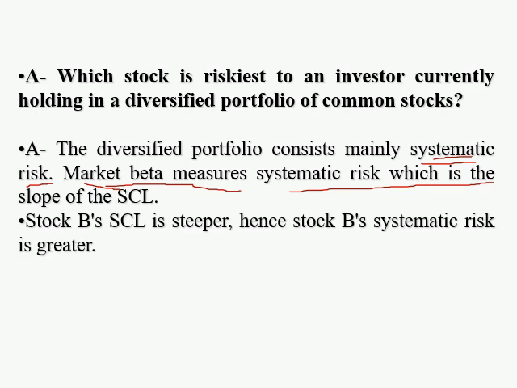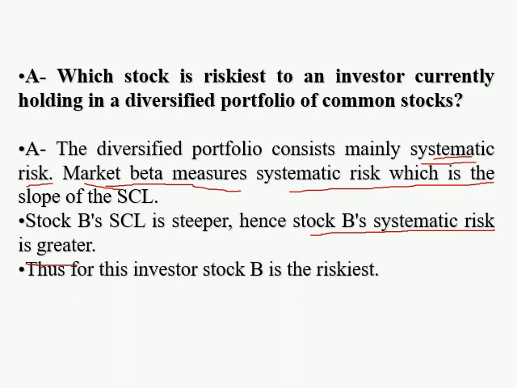As we saw, it was closer to being vertical. So if the characteristic line of stock B is steeper, what does that mean? It means that stock B's systematic risk is greater. So the systematic risk of security B will be greater than the systematic risk of security A. Thus, for this investor, stock B is the riskiest. So stock B will be more risky than security A.